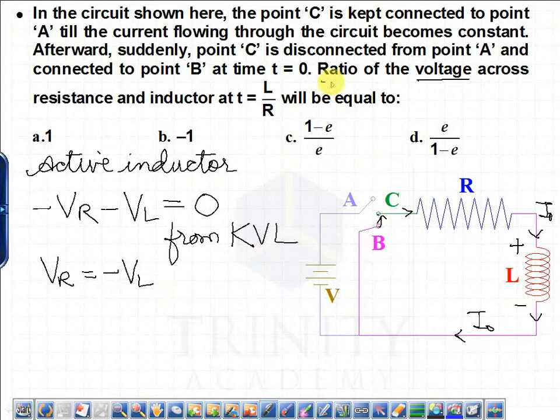It is required to find the ratio of voltage across the resistance and inductor. So VR by VL is equal to minus 1. So in this case, we can see option B is satisfying the given condition.